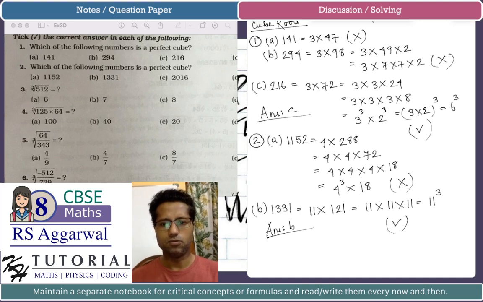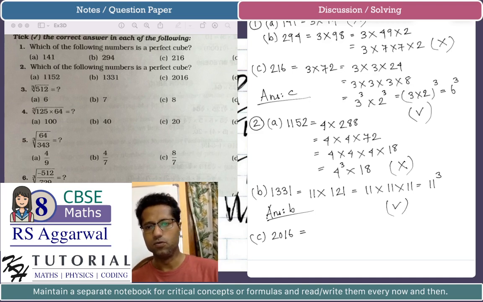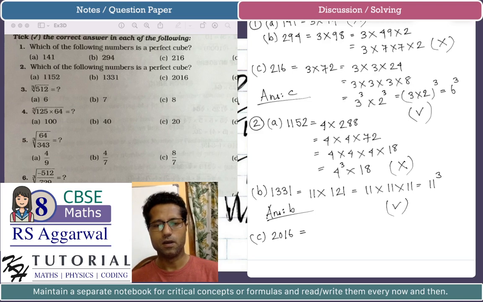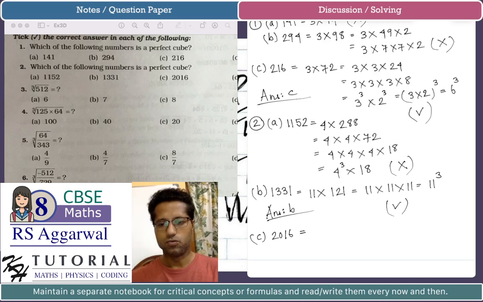Now for the sake of practice, you can also check whether 2016 is a perfect cube or not. It is very important for you to be very familiar and comfortable in finding the prime factorization of any given number. Now 2016 will divide by 4.